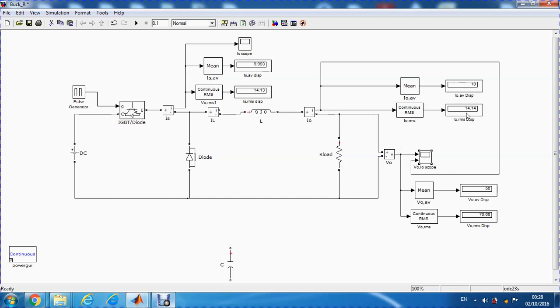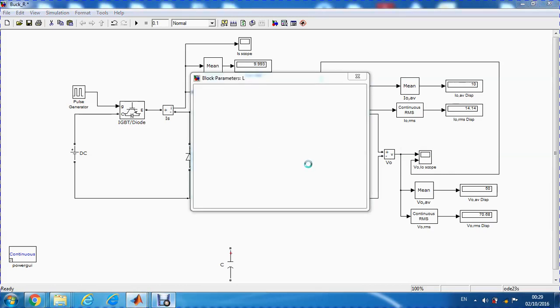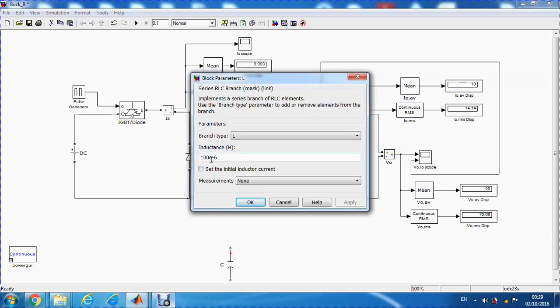Now let's start increasing the inductance value. This is one of the methods we can play around with in order to minimize the ripple.